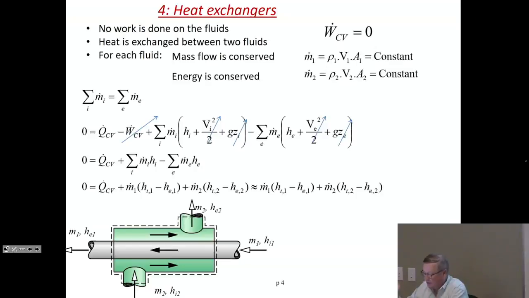Then you plug through the equations here, and you see that the mass flow rate of the first fluid multiplied by the change of its enthalpy has to be equal to the mass flow rate of the second fluid multiplied by the change of its enthalpy. Of course, the signs of these enthalpies and entrances and exits are important, and the signs are given in the equation that I have here. So that 0 equals this plus that. That is really the equation that we will use for all heat exchangers.